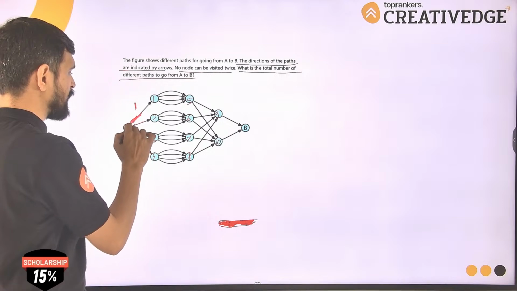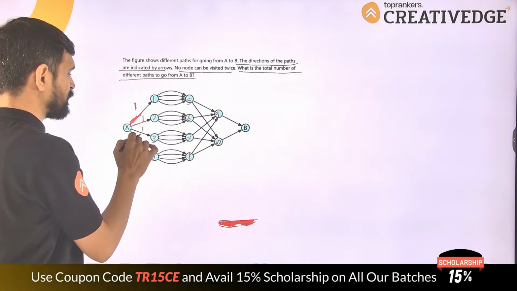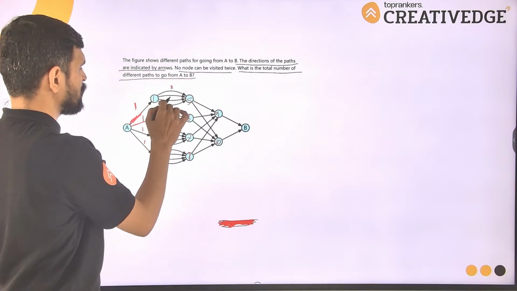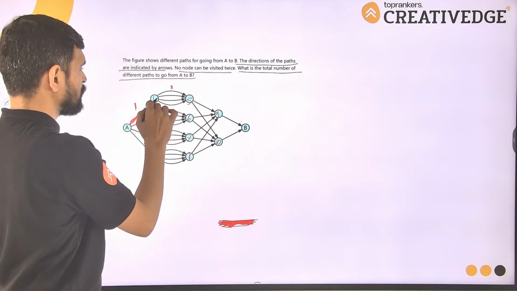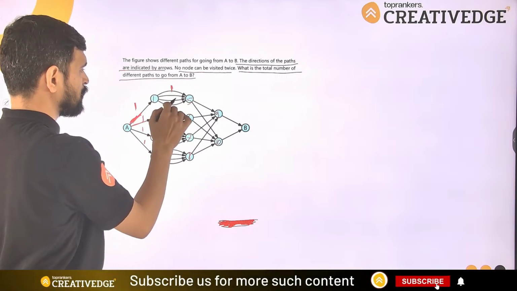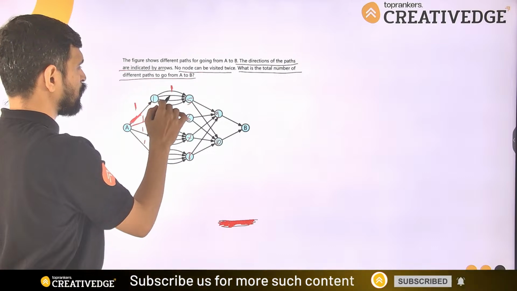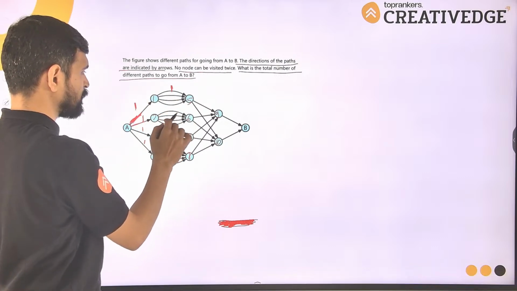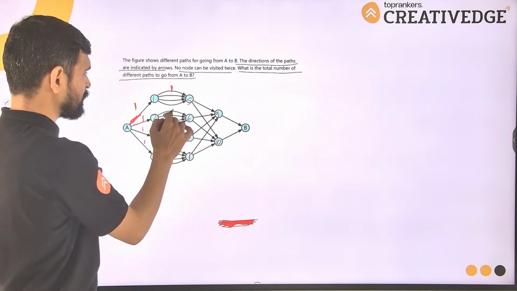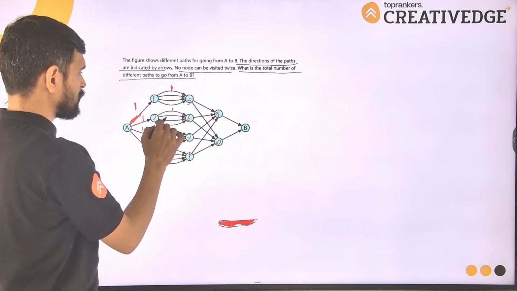So the outward arrows from A, you assign one value. Now this one can come 1 to 5, then 1 to 5, 1 to 5. So basically this is again 1 only.